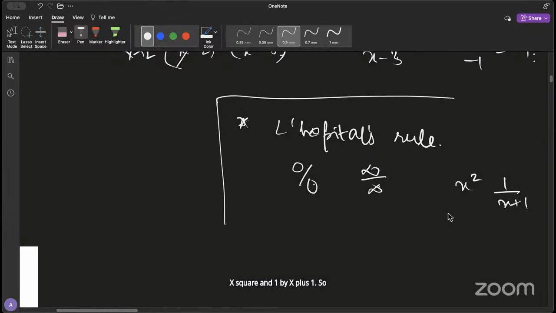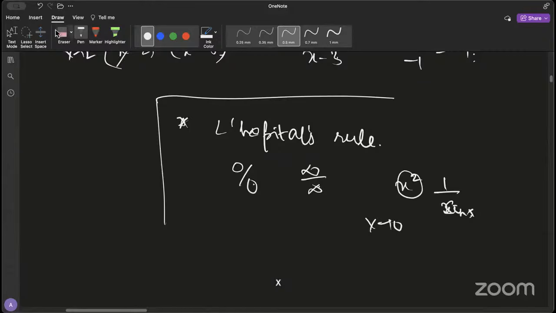Let's take x squared by sine x, or let's take x squared by cosecant x, let's say this.